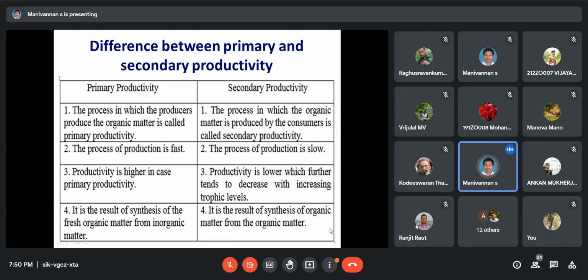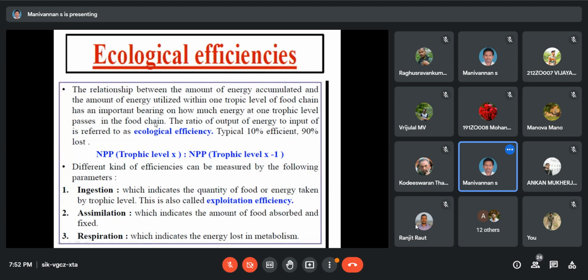How much energy is accumulated and how much energy is utilized by each trophic level of the food chain. That is called the ecological efficiency of this organism.